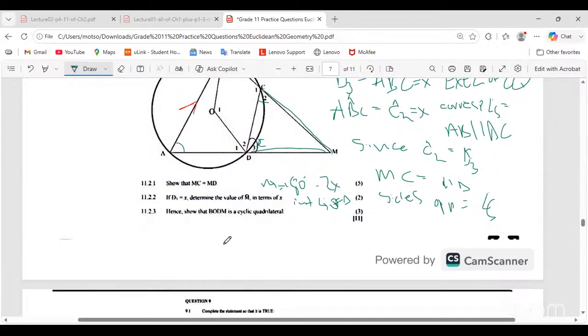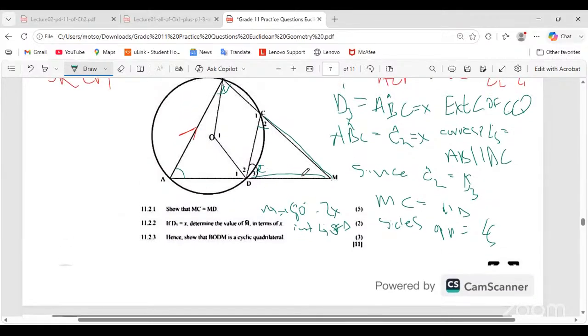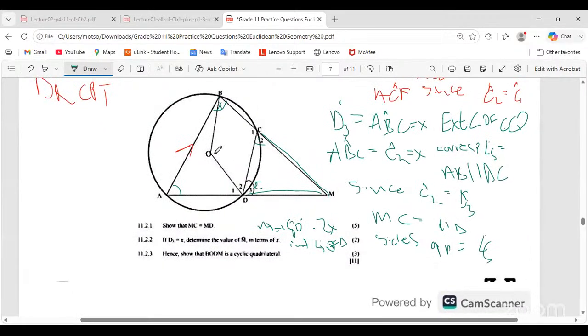Let us go to the next one, which is the last one, 11.2.3. Hence, show that BODM is a cyclic quad. Maybe if you draw a circle here, it satisfies the properties of a cyclic quad. Now, you will say, what is O1?